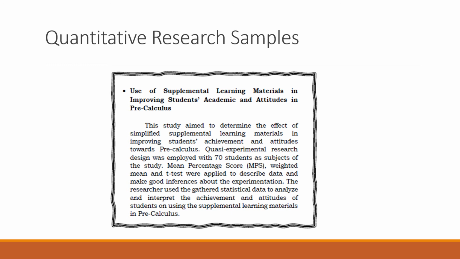Mean percentage score, weighted mean, and t-test were applied to describe data and make good inferences about the experimentation. The researcher used the gathered statistical data to analyze and interpret the achievement and attitudes of students on using the supplemental learning materials in pre-calculus.